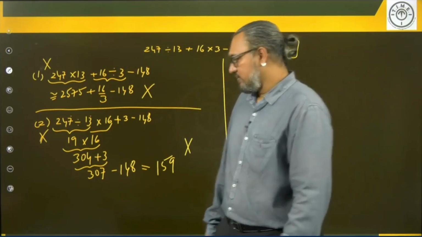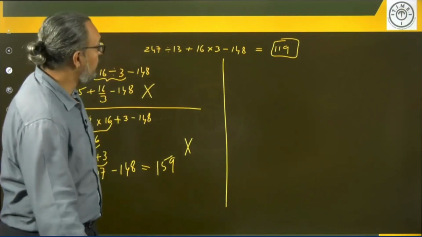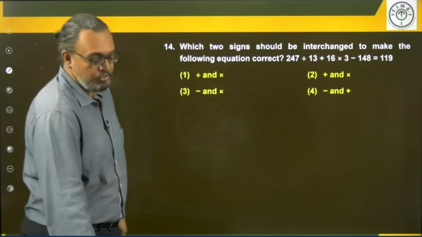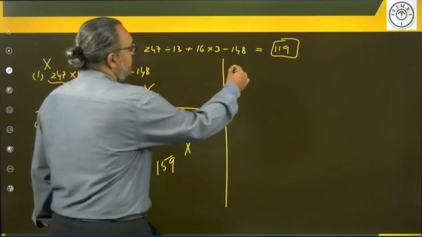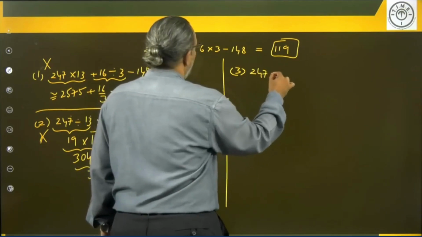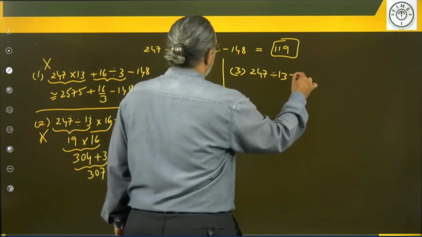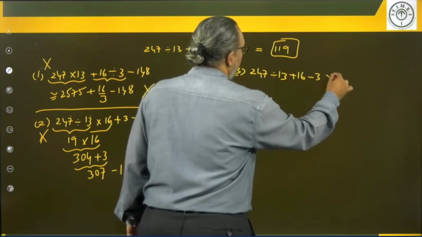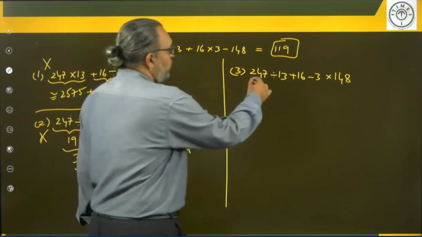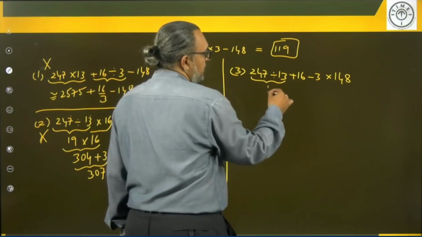Okay. Then third option, minus and into to be exchanged. So 247 divided by 13 plus 16 minus 3 into 148. Again 247 divided by 13 gives you 19.